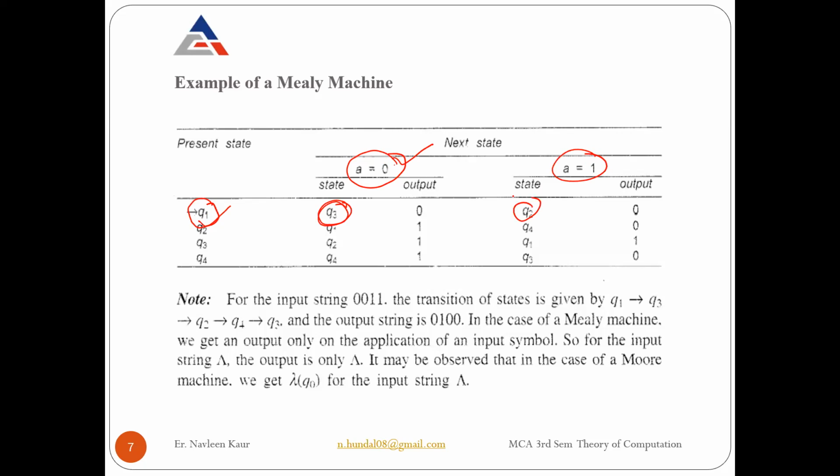But what is the actual difference between Moore and Mealy is that in case of Mealy, your output is also changing. For current state Q1 and current input 0, the output is 0. However, for current state Q1 and current input 1, the output is 0. Don't consider it that both are 0, just consider that both have separate columns of values for output.